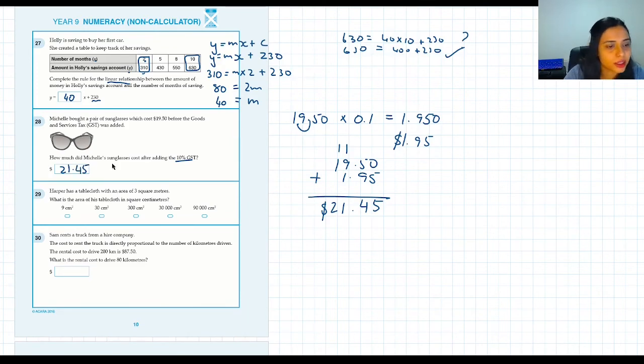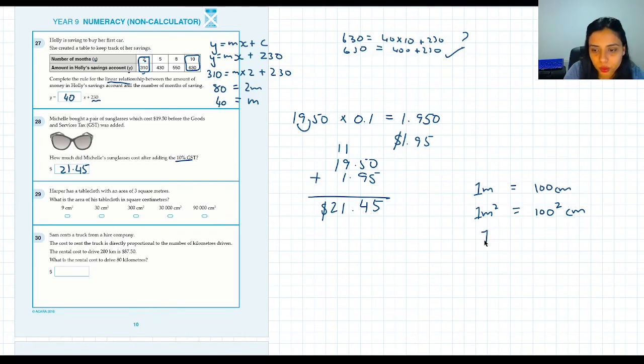Question 29. Harper has a tablecloth with an area of 3 square meters. What is the area of this tablecloth in square centimeters? Alright, so for this question, we need to know that 1 meter is the same as 100 centimeters. And 1 meter squared is the same as 100 centimeters squared.